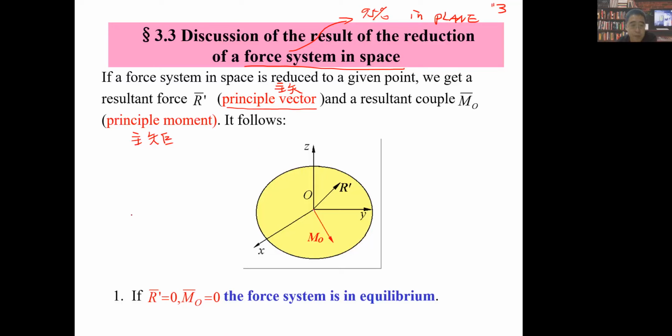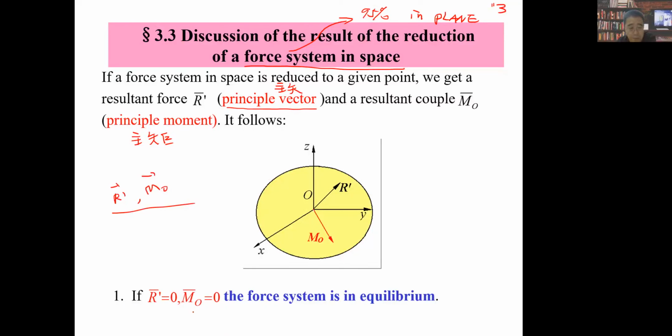Since we have the two vectors R prime and MO, we should discuss the different cases. First, when we finish our reduction, we find R prime equals 0, MO equals 0.